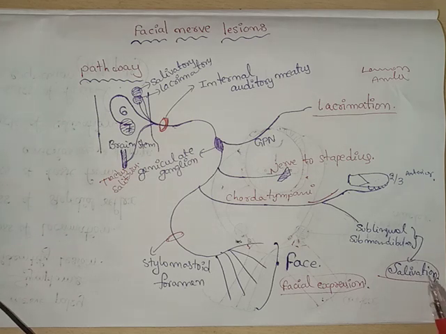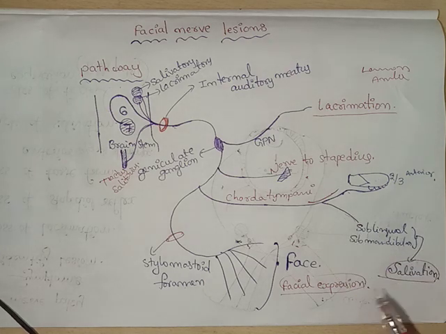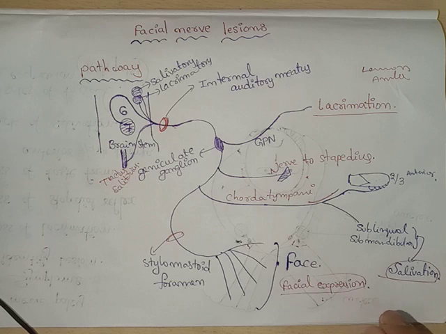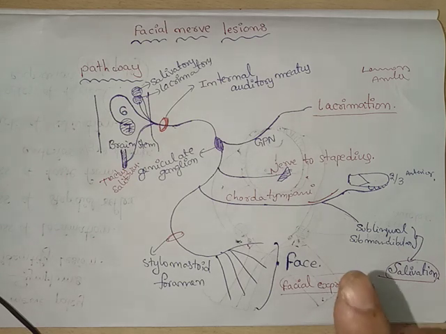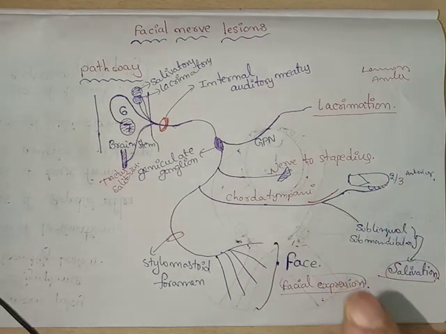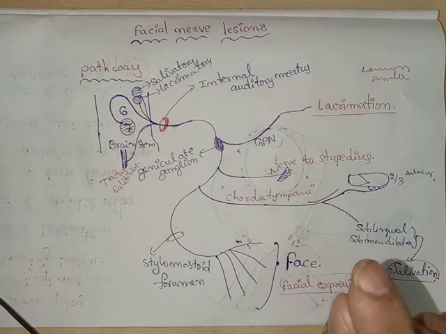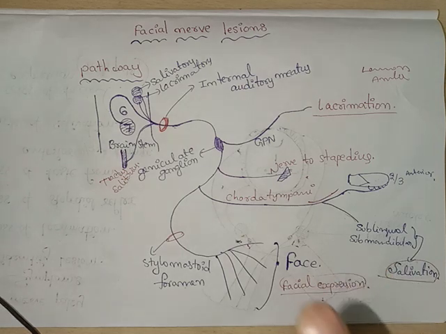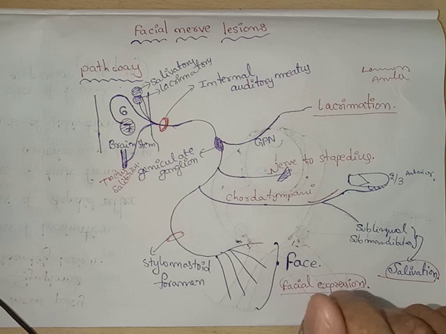Another one: small children have the rooting reflex. What is the rooting reflex? When we keep one finger beside the angle of the mouth, the baby starts turning towards your finger. It is called the rooting reflex. Why does it happen?